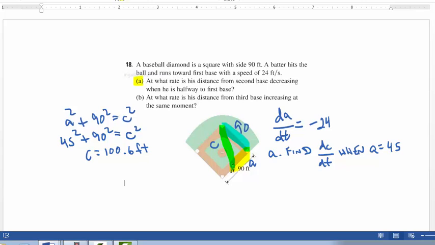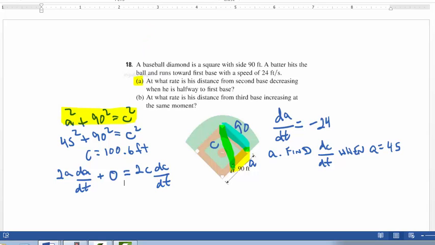All right. And again, to find this now, we're going to use this equation and we're going to differentiate with respect to time. So when we differentiate with respect to time, we would have 2A dA/dt plus, 90 squared is really 8100, but again, it's a constant, so the derivative of a constant is just 0. And then C squared would become 2C dC/dt, right?